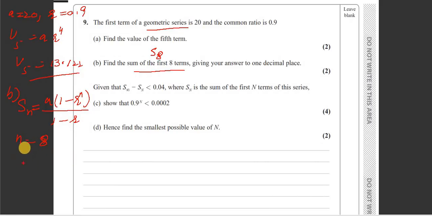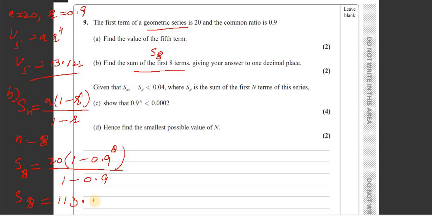So your formula becomes S8 is equal to 20(1 minus 0.9^8) over 1 minus 0.9. So you can solve this, and you can find S8 is 103.9. This is the sum of the 8 terms.